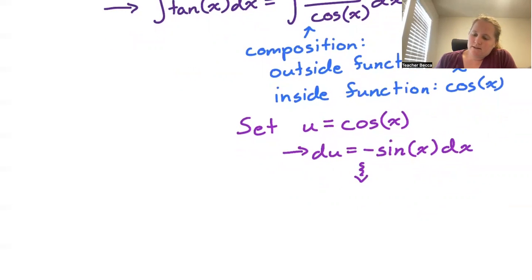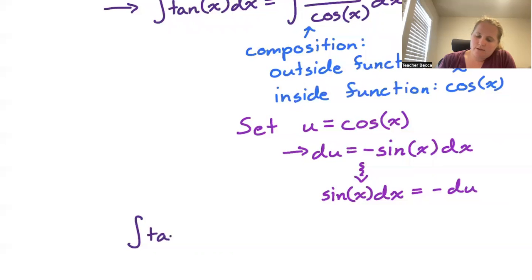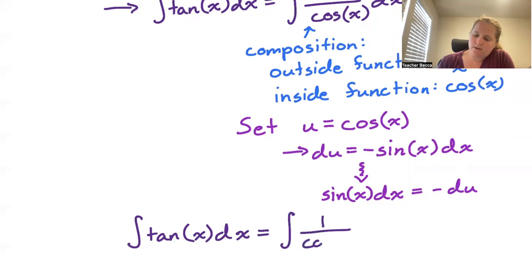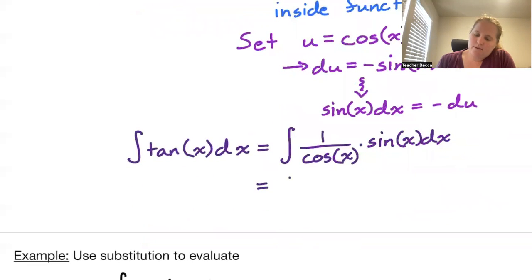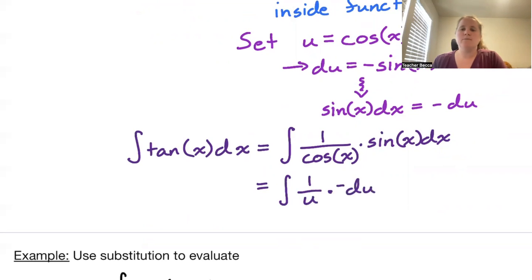This means that sine of x dx is equal to a negative du. So we have our integral of tangent of x dx is equivalent to the integral of 1 over cosine x times sine of x dx. That can be written as the integral of 1 over u times a negative du.